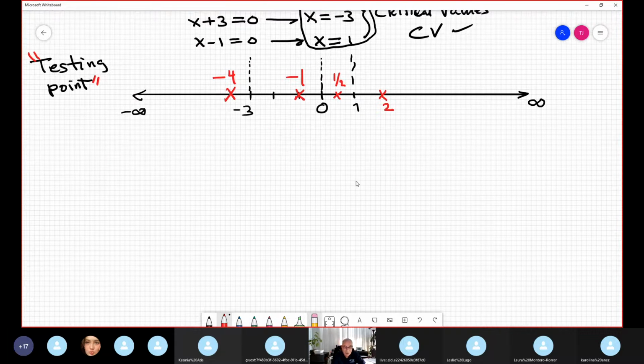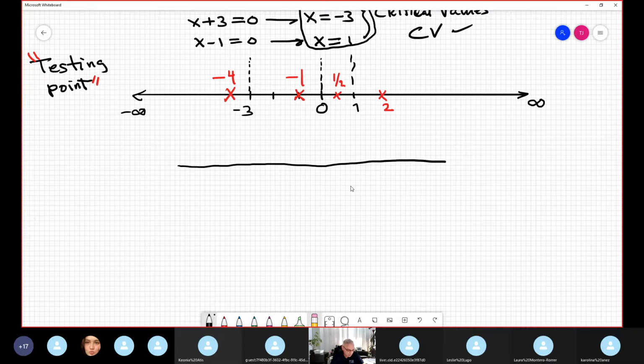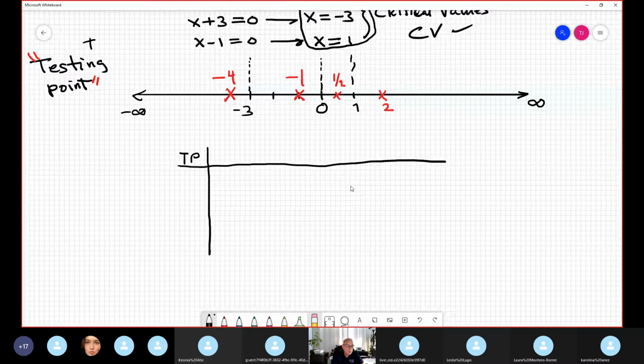Well. To analyze this, there are many ways. However, I prefer to do this table. I highly recommend it to my students. I want to see this table in the test. And the table has different columns and different rows. In the first column we have TP. What means TP? TP is testing point.